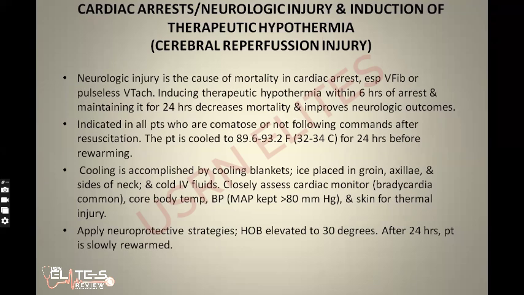So within the first 6 hours, what this is telling us is that if therapeutic hypothermia is indicated, we have to cool this patient. Sorry, we have to start the therapy within the first 6 hours after the person has been revived. And the person should be sustained at this cool temperature for 24 hours. That is what we are saying.